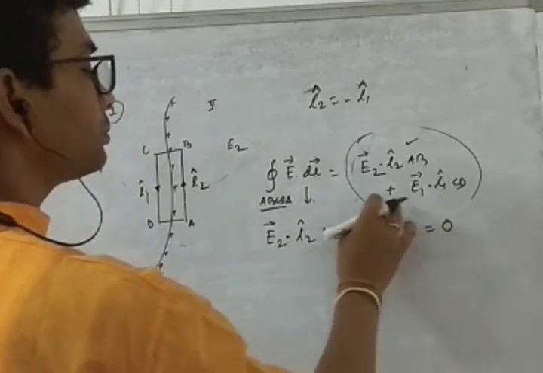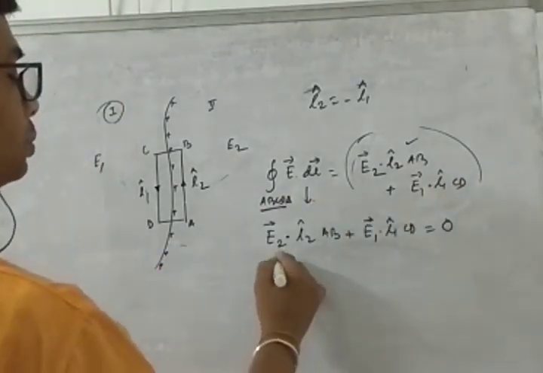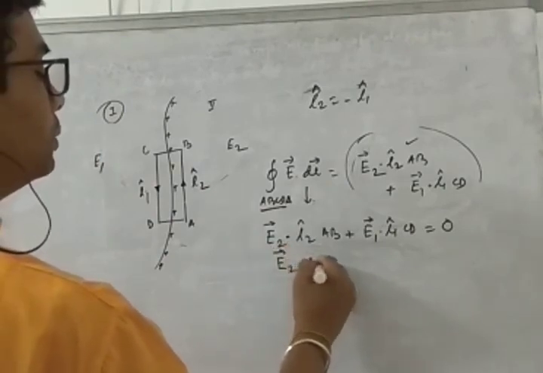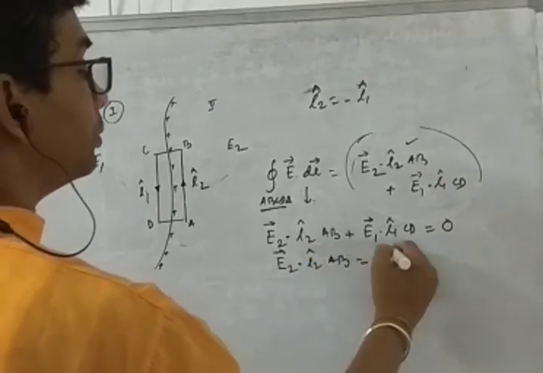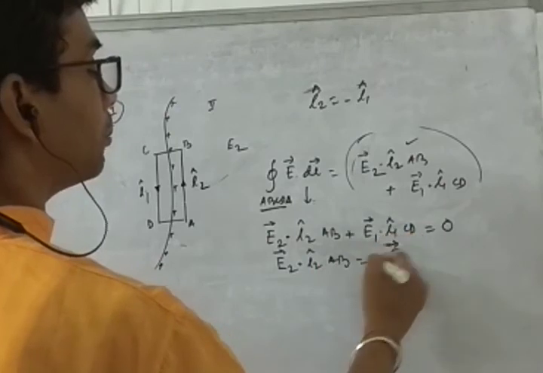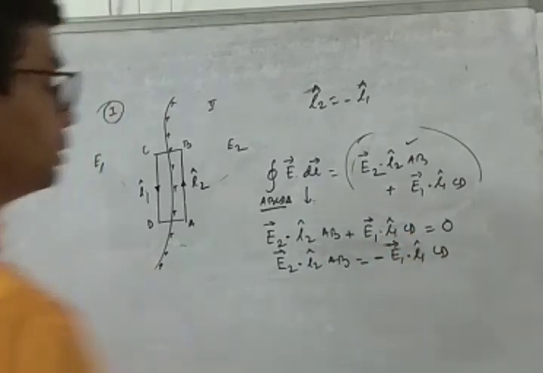So E2 dot L2 AB is equal to minus E1 dot L1 CD.